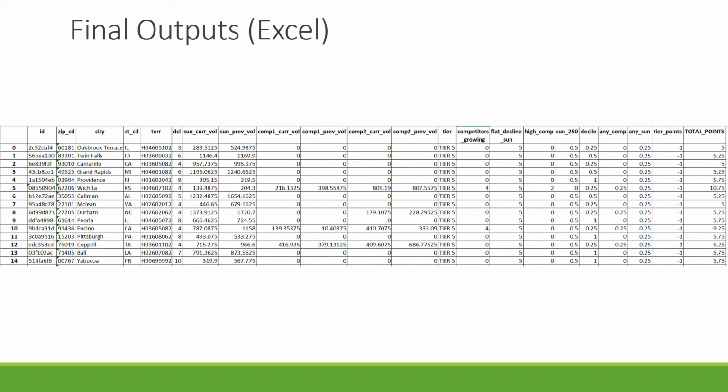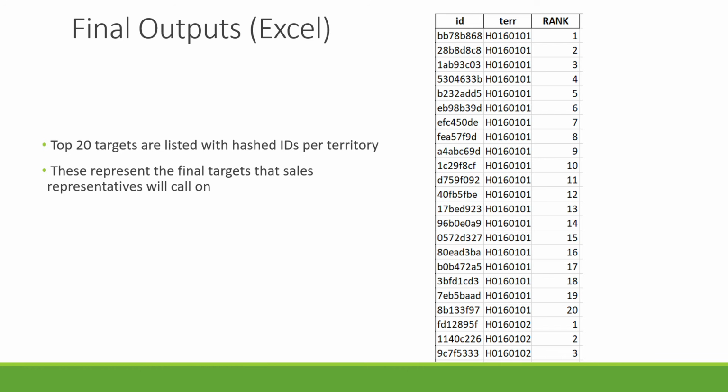The next output was to store the raw data and append all of the values that we're calculating. As I mentioned previously, essentially what we're doing is taking into consideration a bunch of different variables, scoring each one, and then coming up with a total point value. So you can see on the right hand side the very last column is called total points, and that's just a sum of all the points that we scored, and all that was done using pandas and applying conditional logic to pandas data frames.